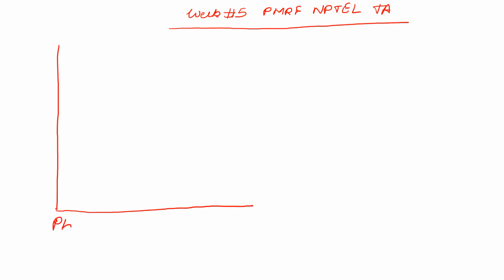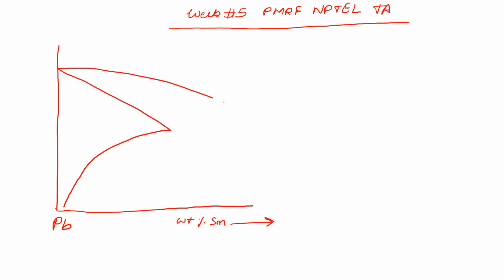We have lead here, and weight percentage of tin increasing this way, and we have the solvus lines in this manner. I'm only drawing the lead-rich region of the phase diagram, because we will be seeing with gradually increasing concentrations how the microstructure will evolve.